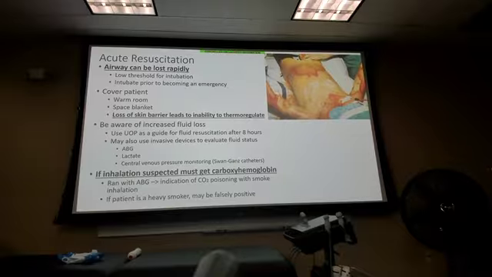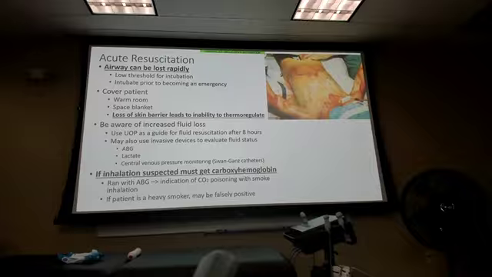If you're in a burn ICU, you have a Foley. Whether you can pee on your own or not, you have a Foley. Okay, we have to use your urine output as a guide for fluid resuscitation, especially after the first 8 hours. We can use other invasive devices to evaluate fluid status, ABGs, lactates. Swan-Ganz catheters are more of a thing of the past.